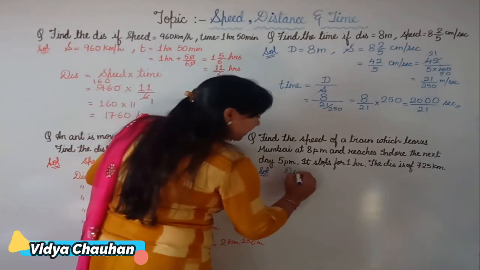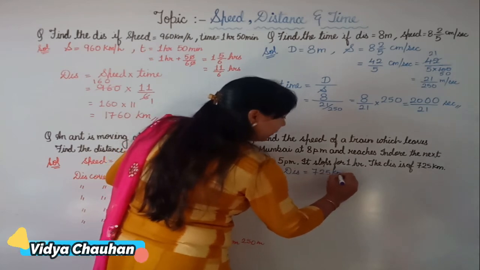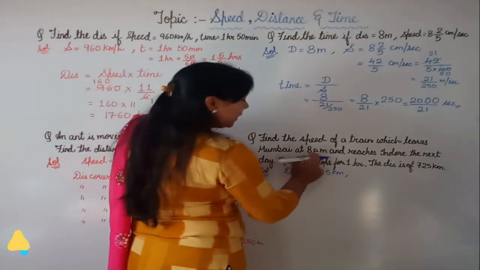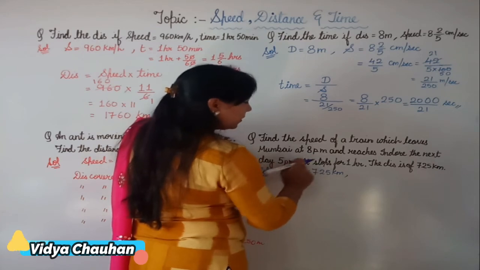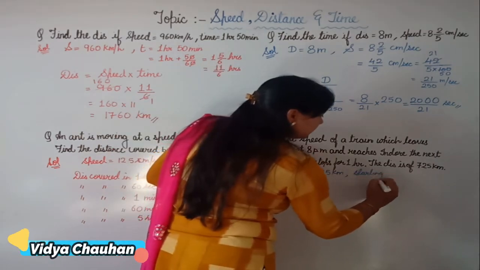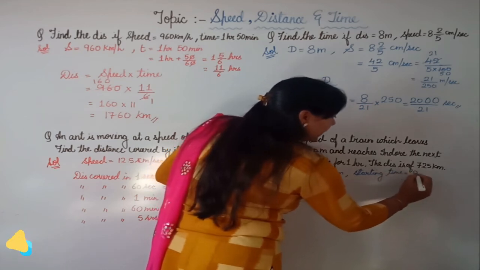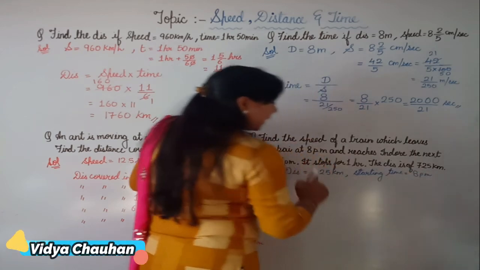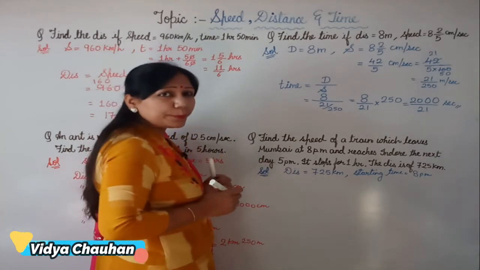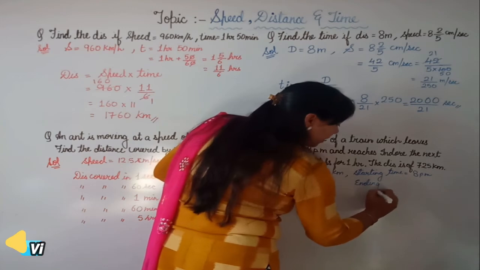So how much is the distance between Indore and Mumbai? 725 kilometers. After that, let's check out the timing. Time: we can write the starting time, 8 p.m., and then it has reached next day at 5 p.m., the ending or reaching time.